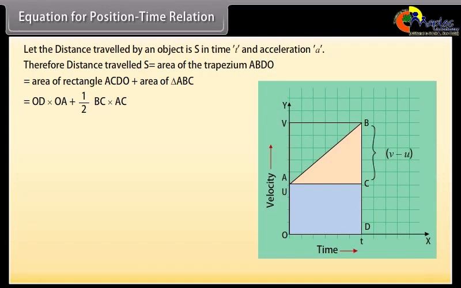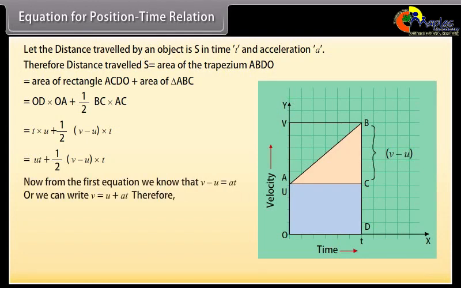Now putting in the values, we get t into u plus 1 upon 2 into (v minus u) into t. On solving further, we get ut plus 1 upon 2 (v minus u) t.